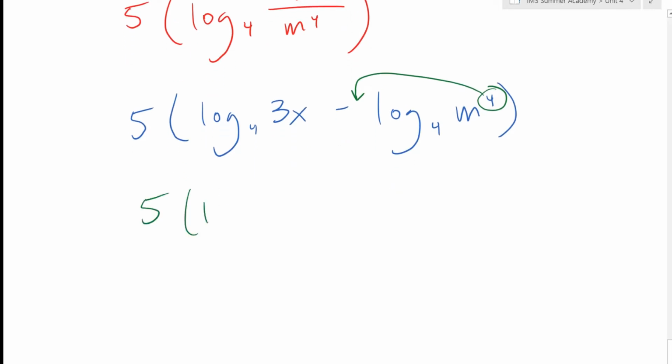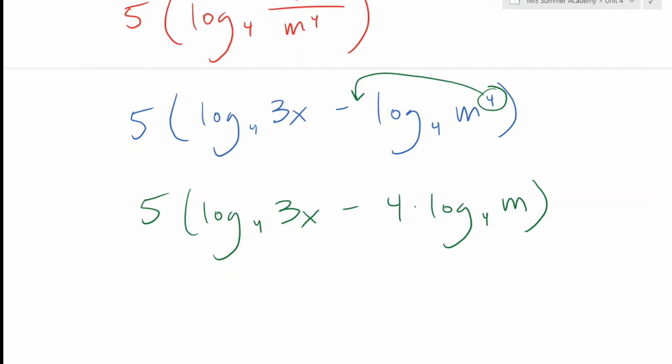So we got 5 log base 4, 3x minus 4 times log base 4 of m. And they're going to look a little bit deeper into this, because what's something we might have skipped out on here? The 3 and the x are still connected by multiplication.